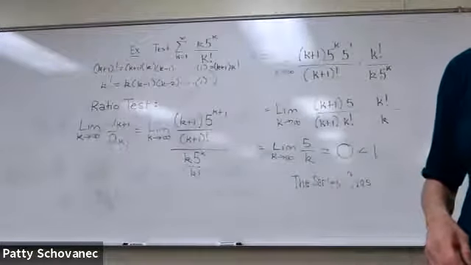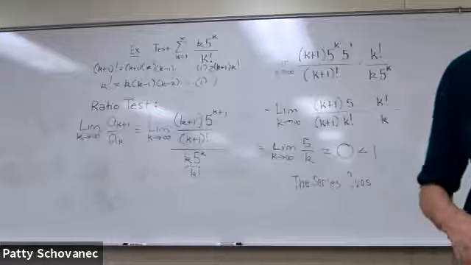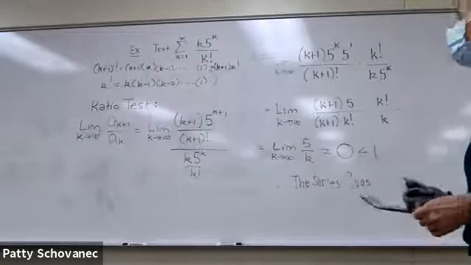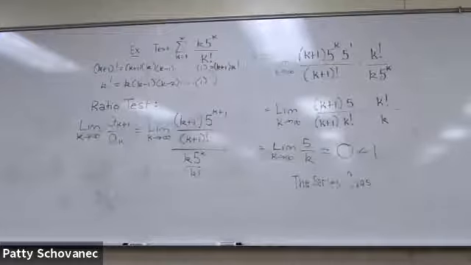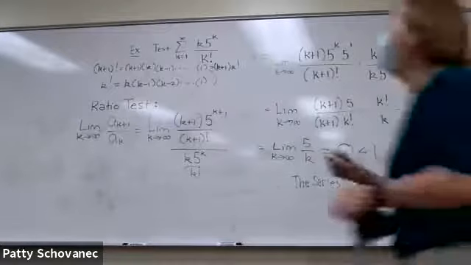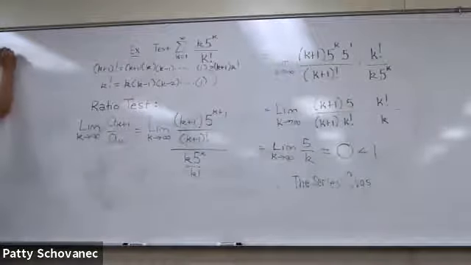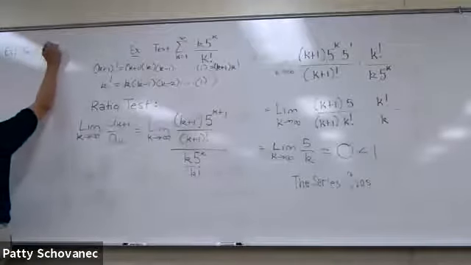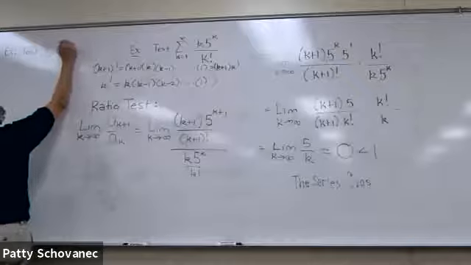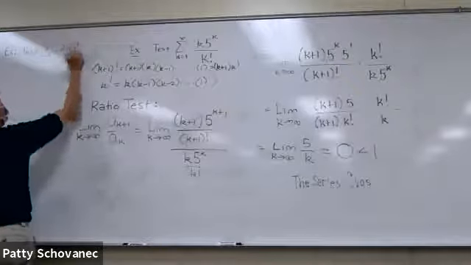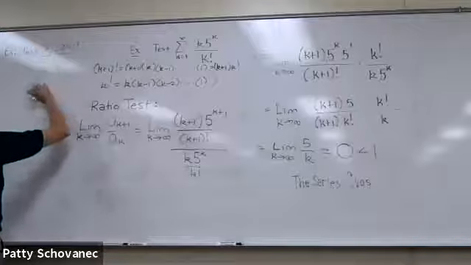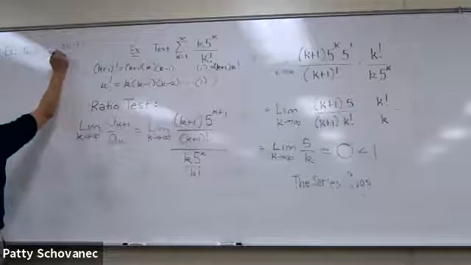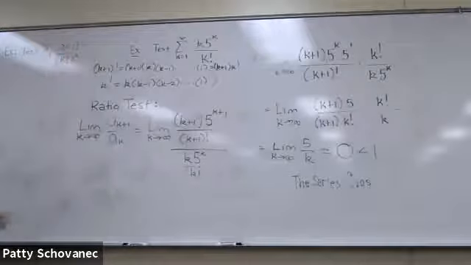So let's go wacky with some factorials here. This is the series 2k factorial divided by k factorial squared.